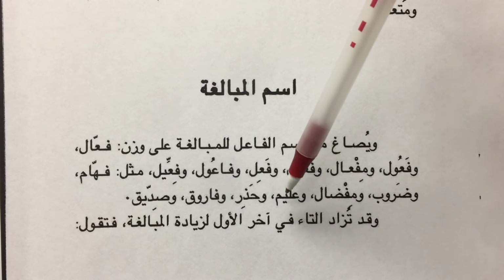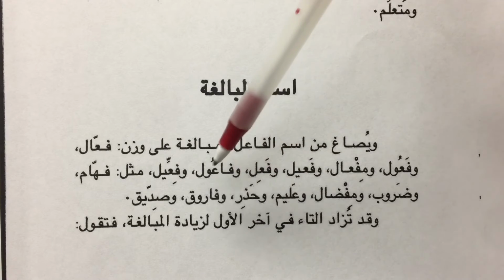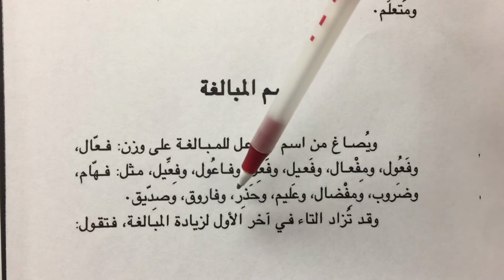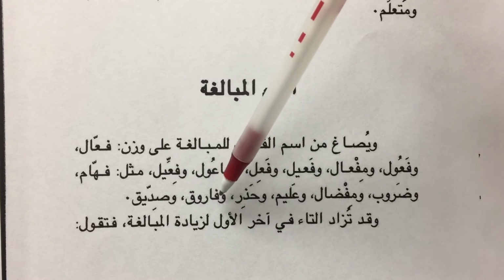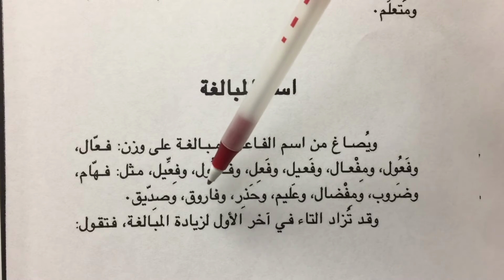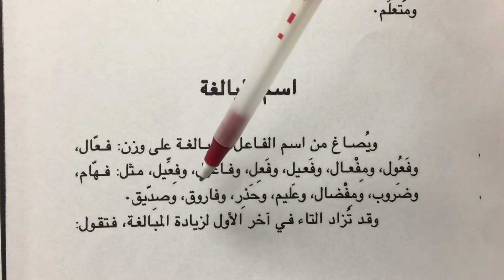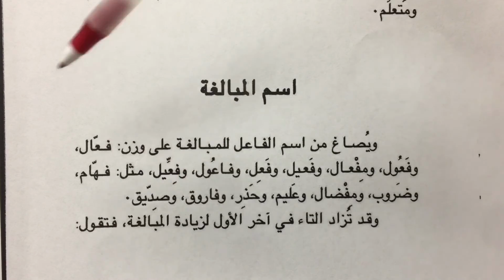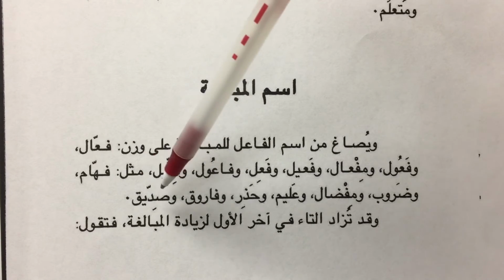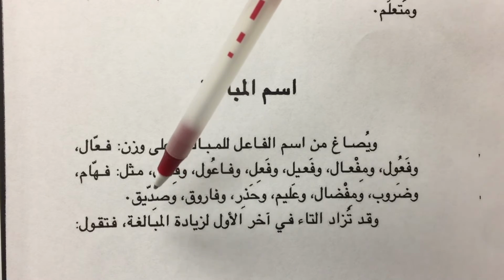That means extra emphasis, all hearing, all knowing. Hadirun, somebody who's very precautious. Faruq, right? The laqab, the nickname that's given to Umar ibn al-Khattab, from faraqa, to split between two different things. Siddiq, right? On the pattern fi'il, the one who's always confirming, always believing, having that real strong belief.